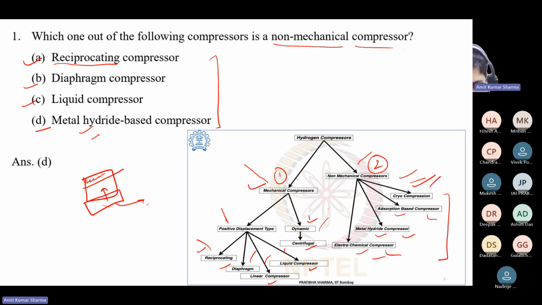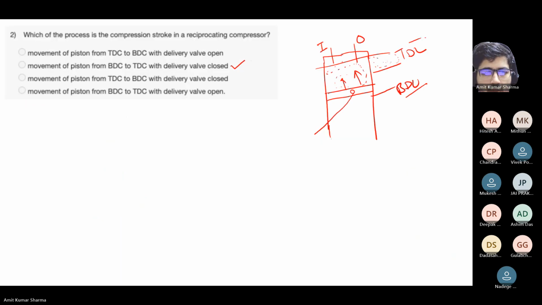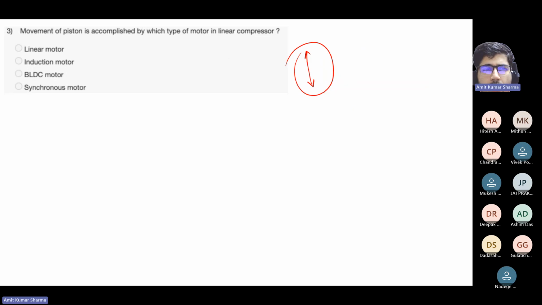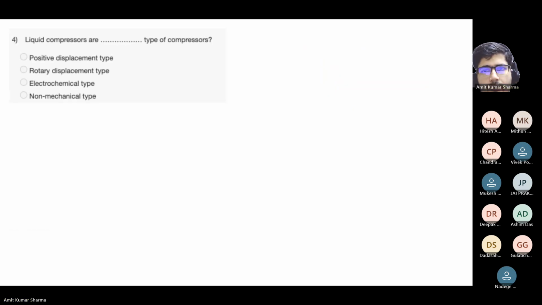That's why they are known as mechanical, positive displacement type compressors. Is it clear? Yes, yes. Okay. So it is a very minute detail, but it's good to know. The answer is positive displacement type compressor.